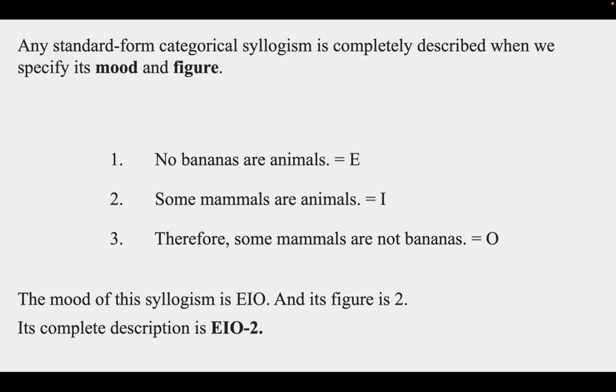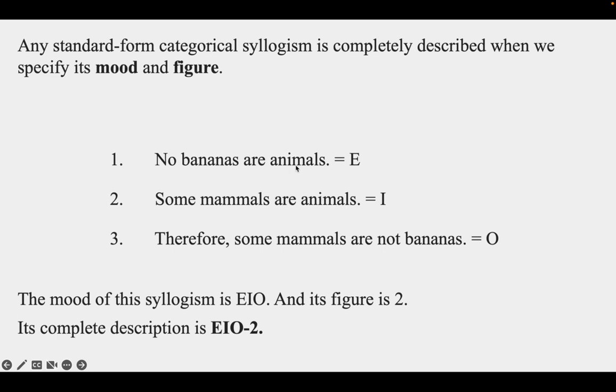So any standard form categorical syllogism is completely described when we specify its mood and its figure. For example, when you look at this syllogism, no bananas are animals, some mammals are animals, therefore some mammals are not bananas, you notice that bananas is the major term, mammals is the minor term, so animals will be the middle term.